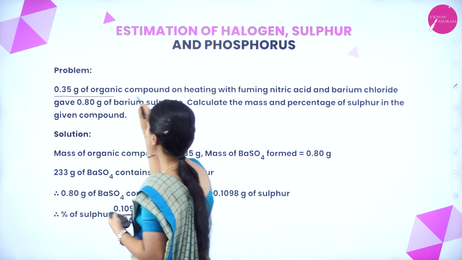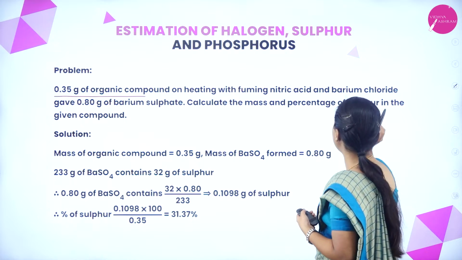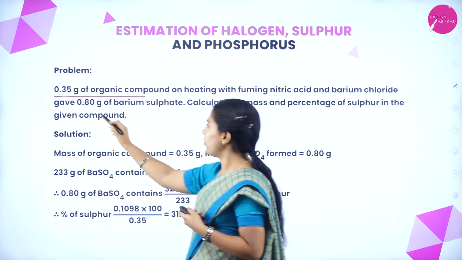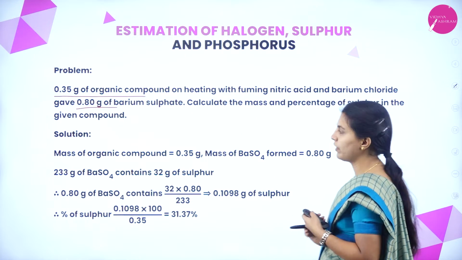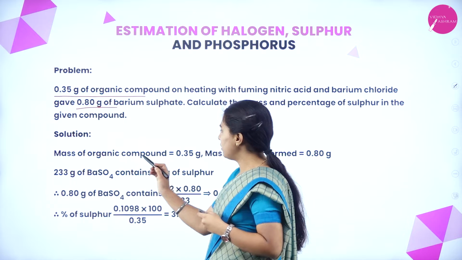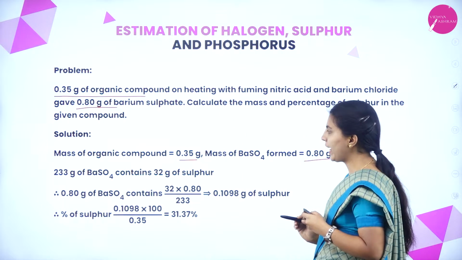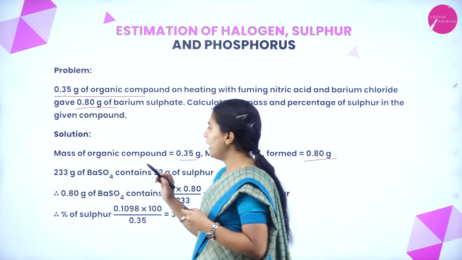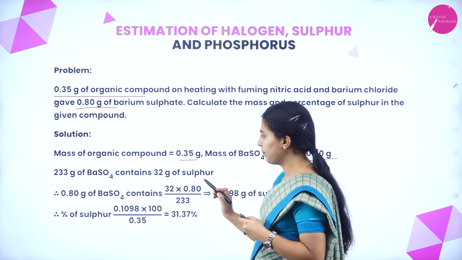0.35 gram of organic compound has been heated with fuming nitric acid and barium chloride. It gave 0.80 gram of barium sulfate. Calculate the mass and percentage of sulfur in the given compound. Mass of organic compound 0.35, mass of barium sulfate 0.80 gram. 233 gram of barium sulfate contains 32 gram of sulfur.